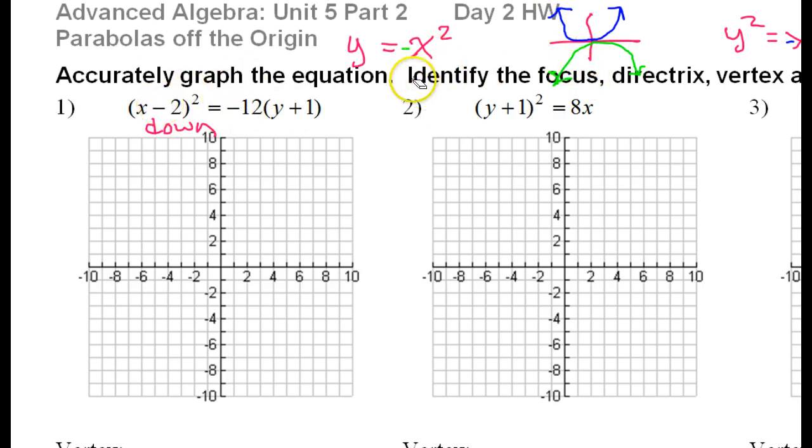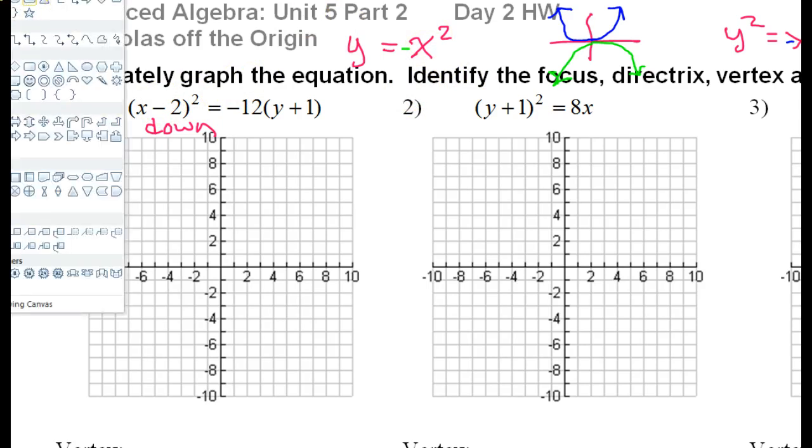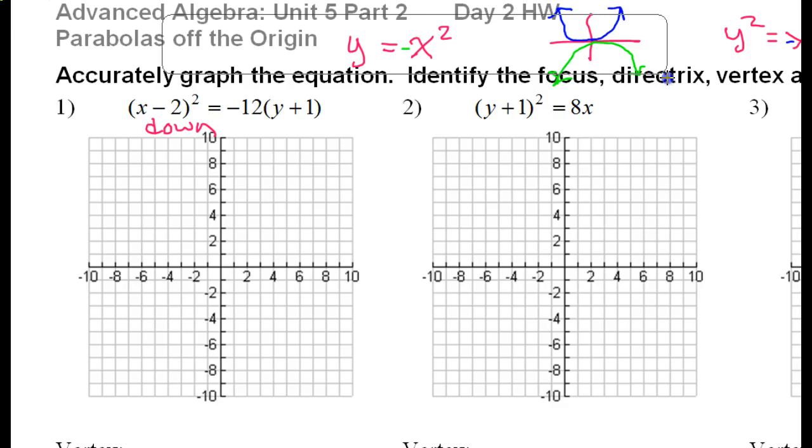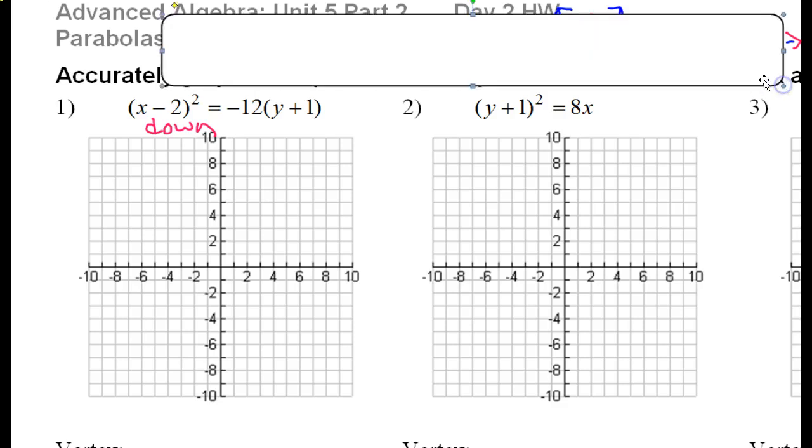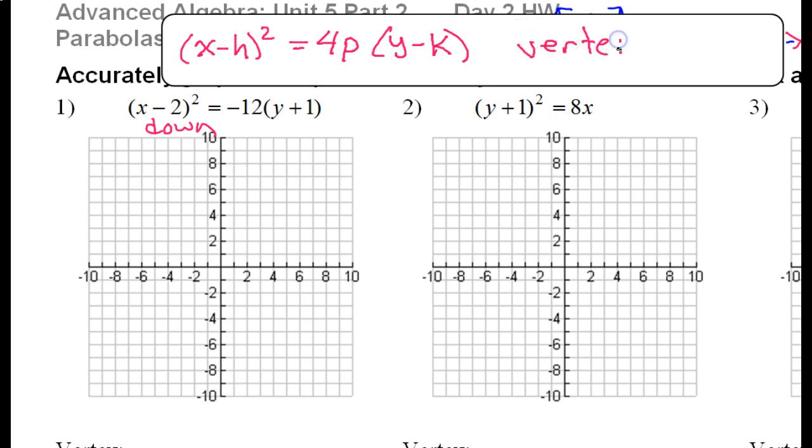Now, the other thing you need to be aware of is the standard formula, the model for these parabolas. And the model works like this. We will have x minus h squared is equal to 4p times y minus k. In a situation like this, the vertex will be h comma k.